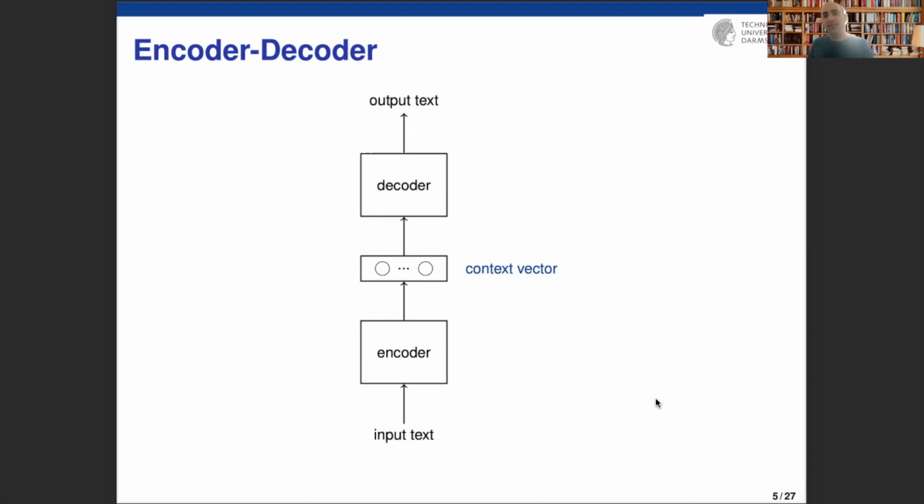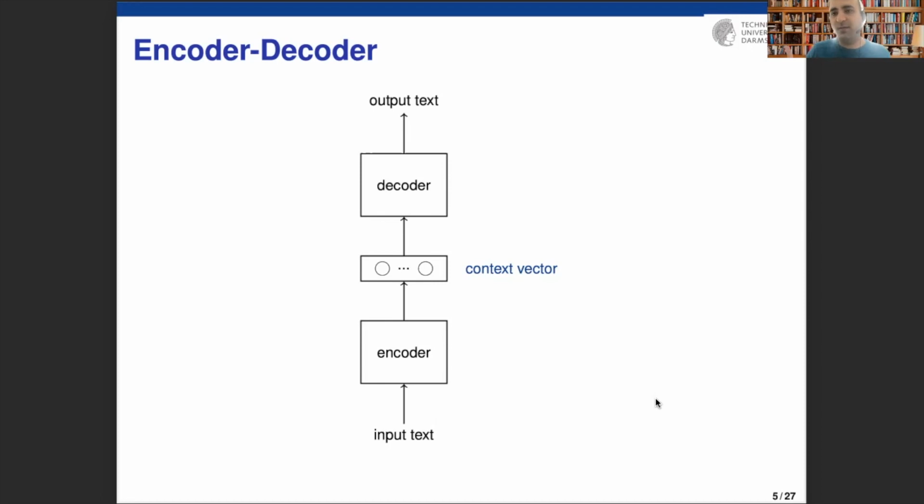Why is it end-to-end? Because the main goal of natural language processing is to communicate with computers using human languages, right? So if we use input text, and as the output we also get some text, then we can train this model end-to-end.